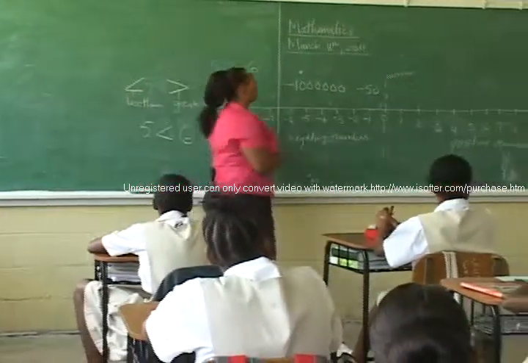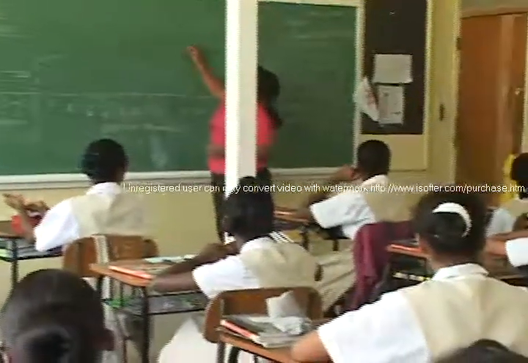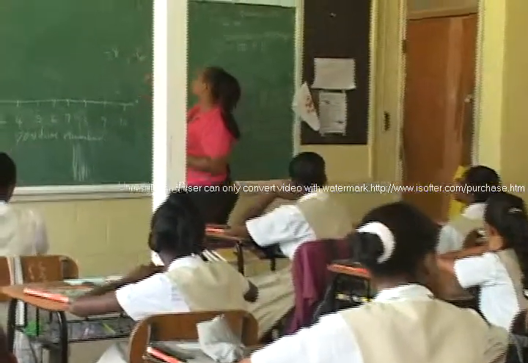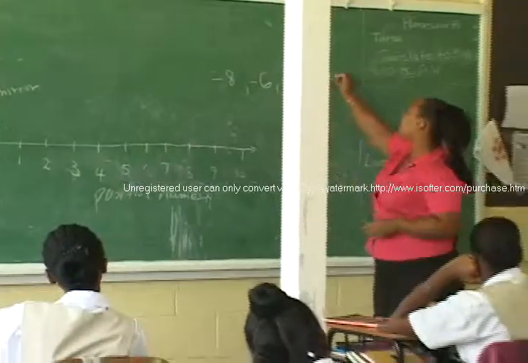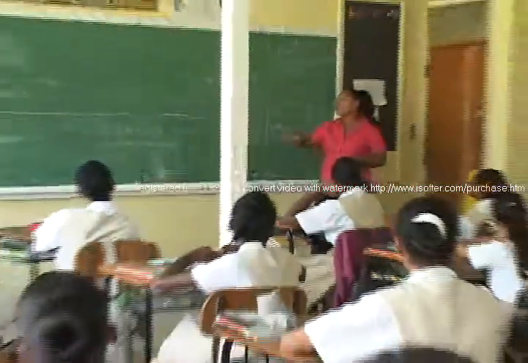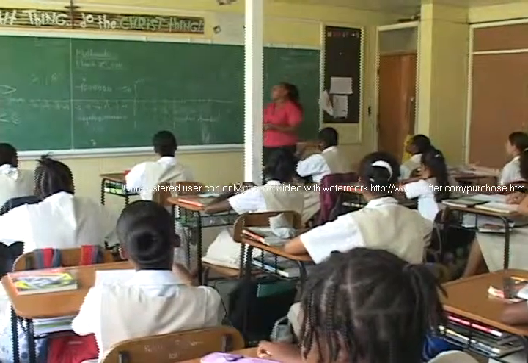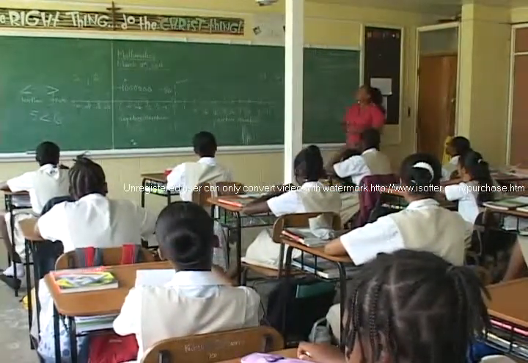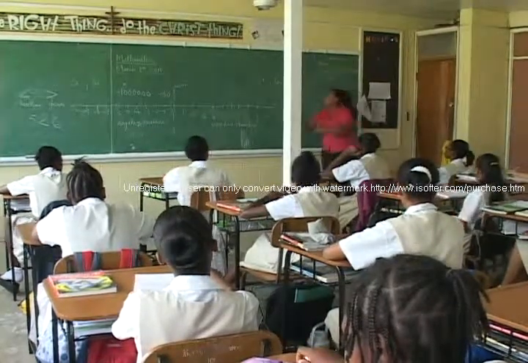Alright. Say we have -8, -6, 5, -2, and -3. Now we have a set of numbers here, and say we want to order them, put them in a certain order.